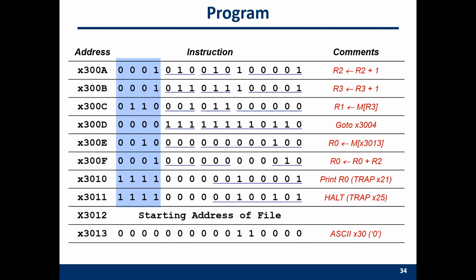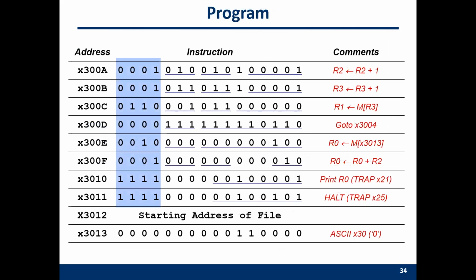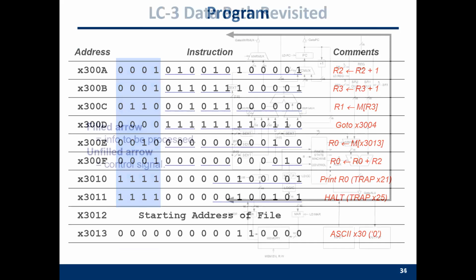So in total there are 18 instructions. This is the hash number, and this is the starting address of the file. So you can copy this program and try to run it on the LC3 simulator.